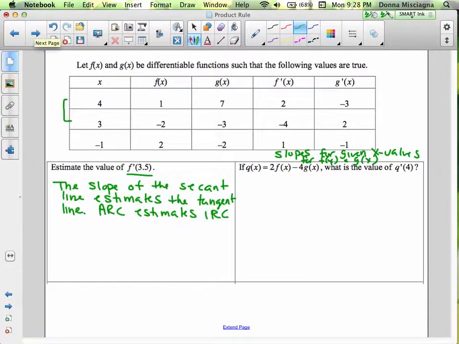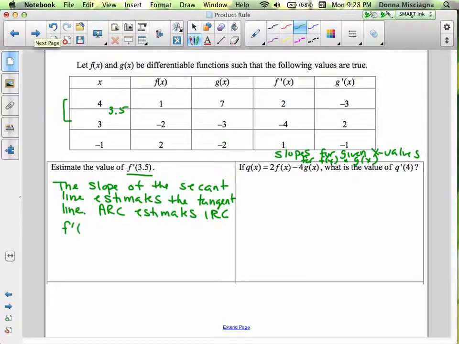So you need to use 2 values that are on either side, and you want to be as close as possible because you want this to be a good estimate, not a crummy estimate. All right, so 3.5 is sandwiched right there. All right, so there's our x values. This was f prime of 3.5.